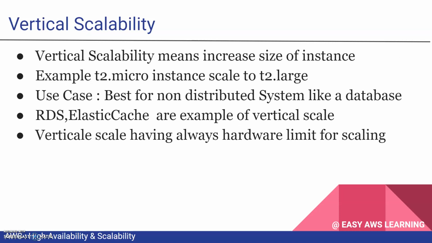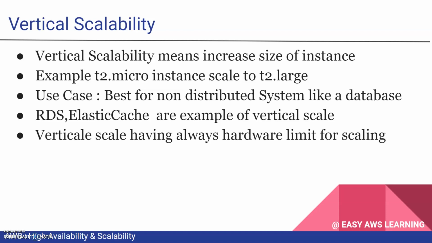Vertical scalability means increasing the size of your instance. Your instance has a configuration with its own CPU and memory limitations, and you want to increase the instance size. For example, from T2 micro to T2 large. There is some limitation of running the application on T2 micro, and that limitation will be solved by T2 large.